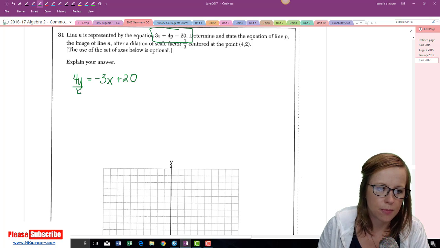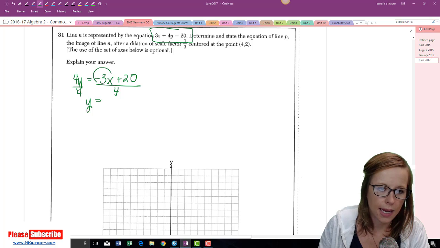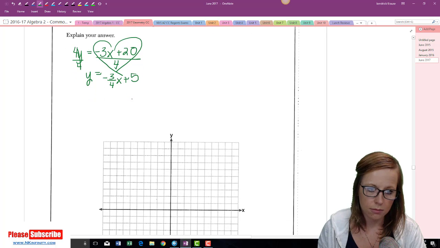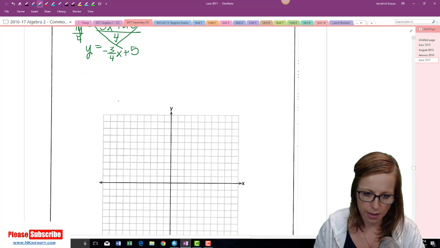And then I'm going to divide both sides by 4. 4's cancel, and I have y equals negative 3/4 x plus 5.